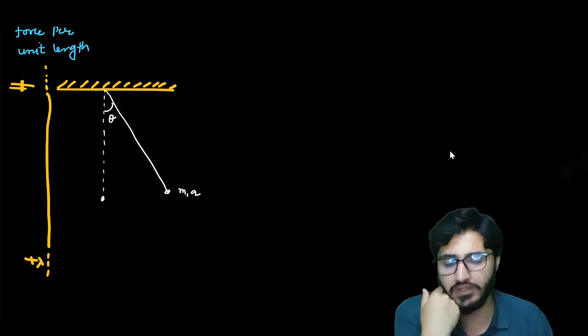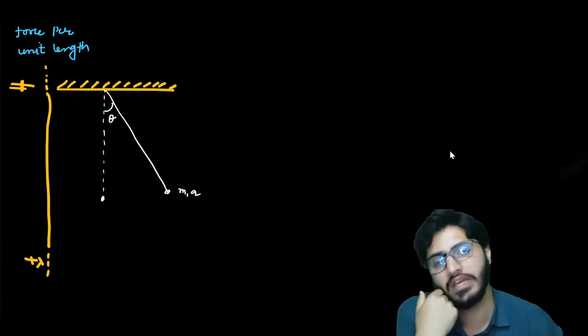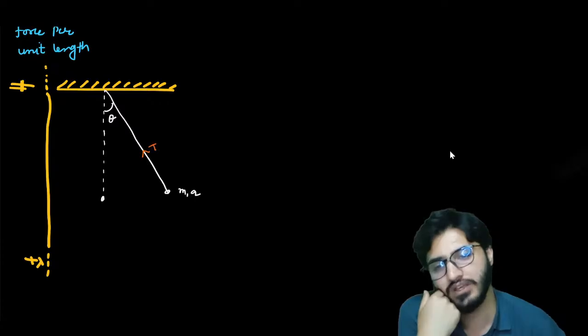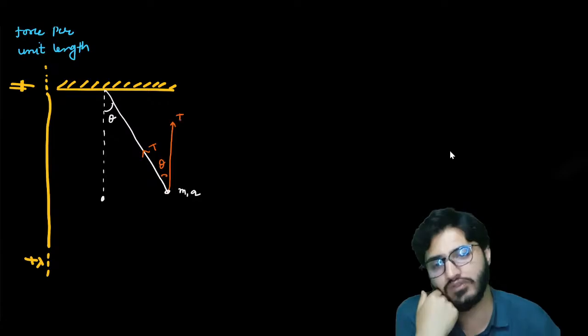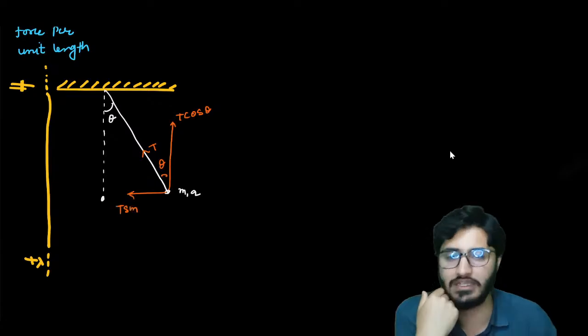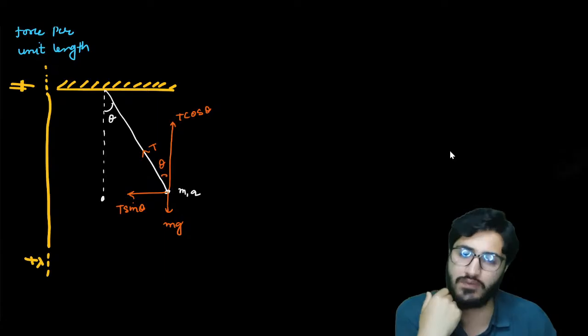How can we do it? If it is in equilibrium and this is a string, there will be a tension T. If this angle is theta, this will also be theta. So this will be T cos theta and this will be T sin theta. Downwards we have mg. In this direction we have the electric force, equal to charge times electric field.